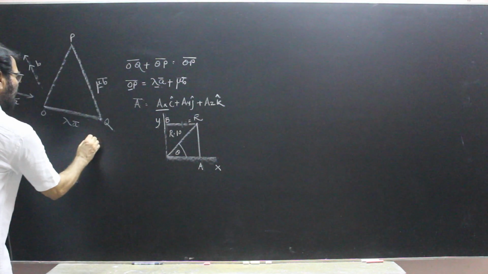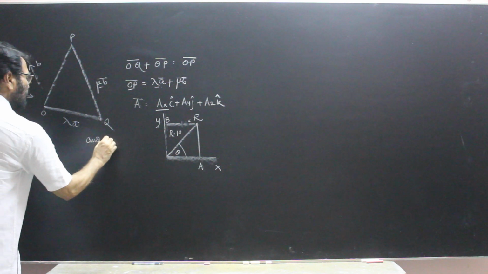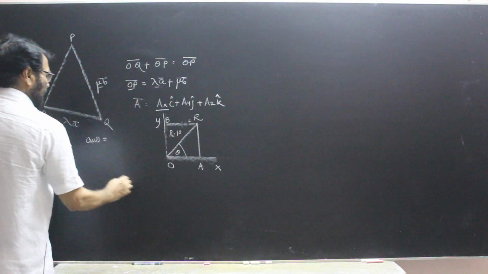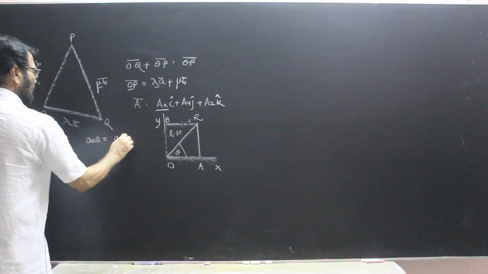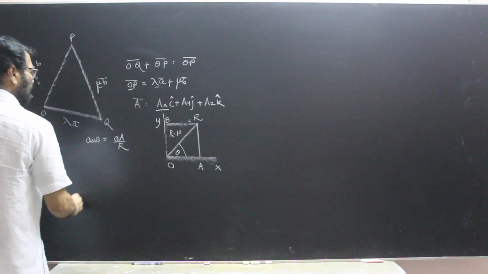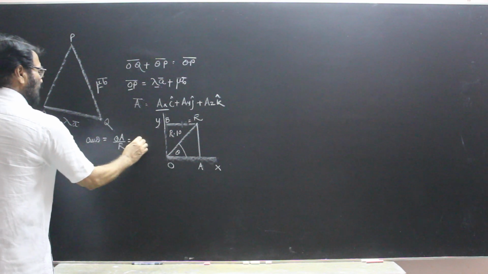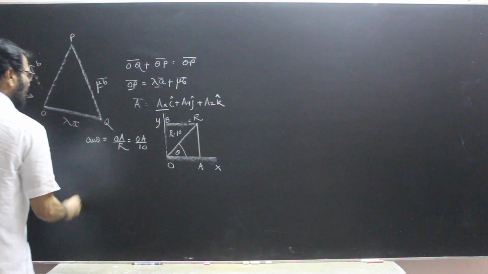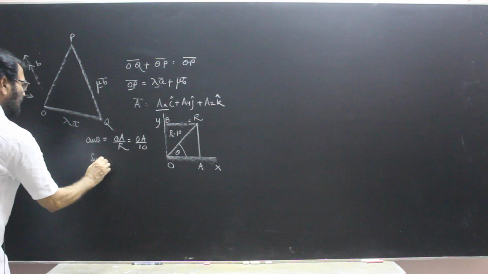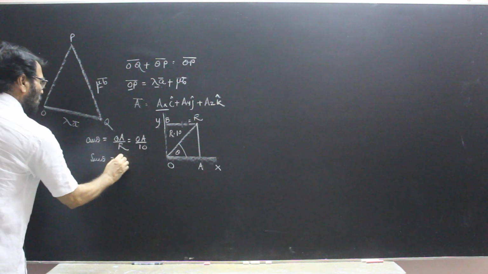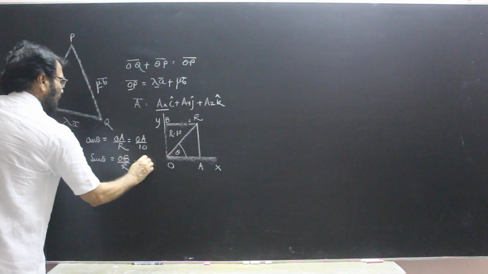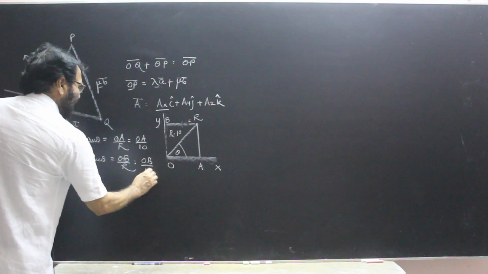Now cos theta is OA divided by R, that is OA divided by 10, and sin theta is OB divided by R, that is OB divided by 10.